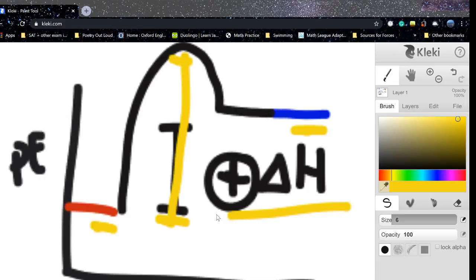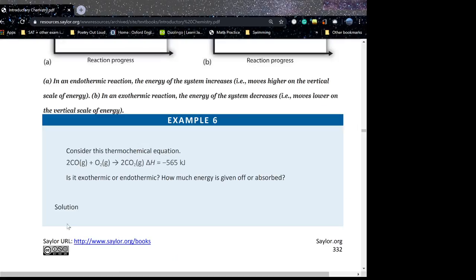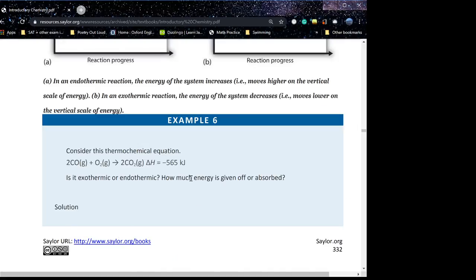So the last thing we're probably going to do today is look at this thermochemical reaction in the textbook. 2CO plus O2 goes to 2CO2, and the delta H is negative 565 kilojoules. So what kind of reaction is this, and is the energy given off or absorbed?